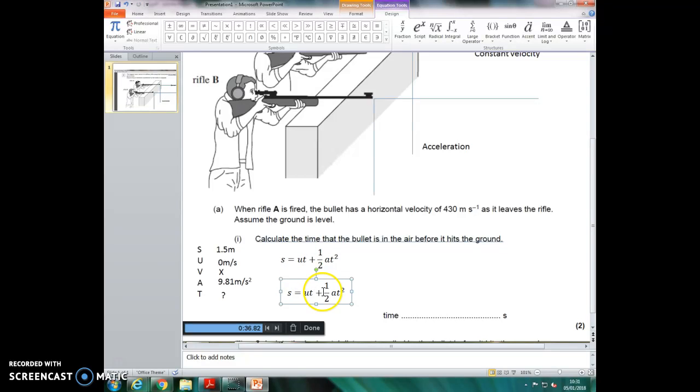In rearranging this, we end up being able to avoid that altogether.